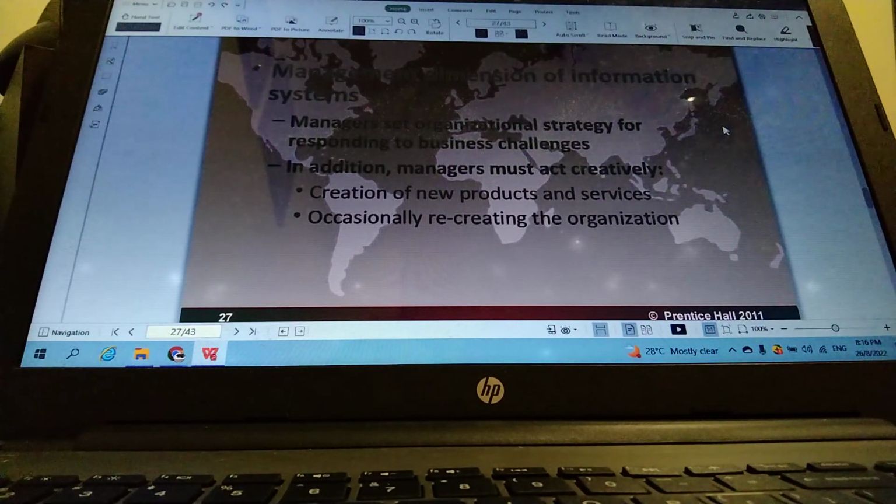So the IT system will have this organizational strategy in the format of SOPs or procedures or steps that need to be carried out automatically or upon some feedback or input in order to generate output accordingly. In addition, managers must also be creative enough to make use of the IT system and its features and capabilities, with the right skill of people, in order to create new products and services.